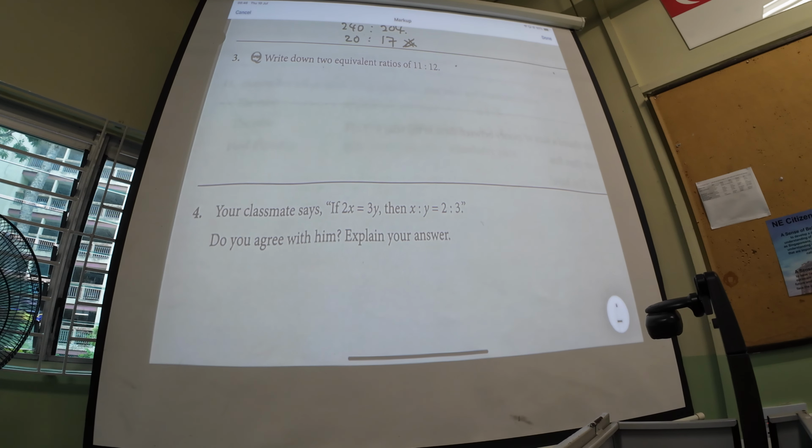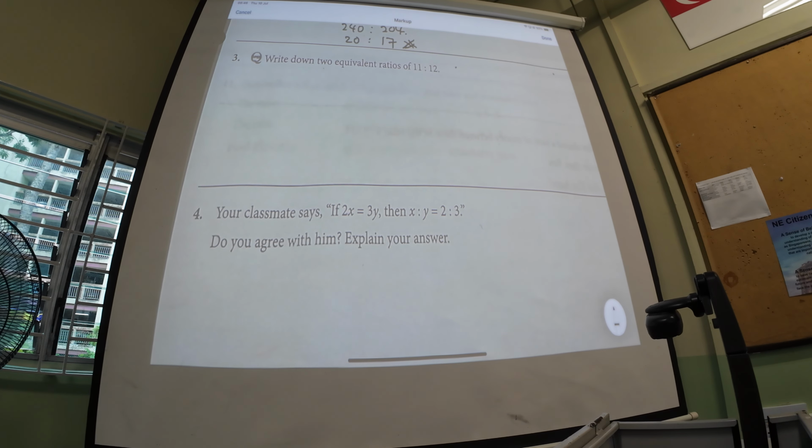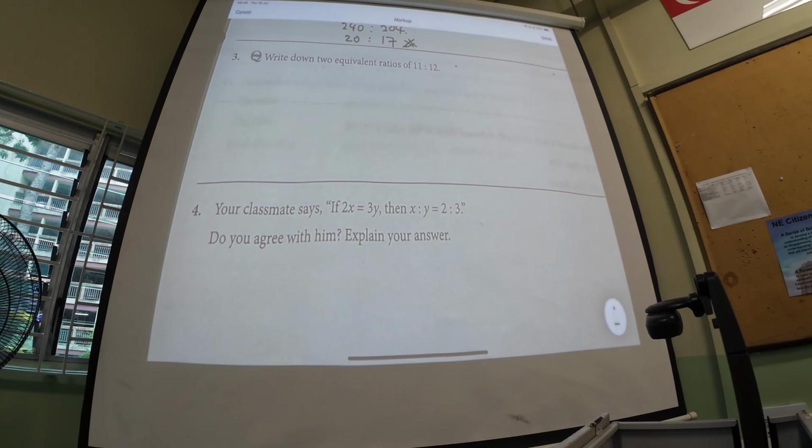Okay, for question 3, write down two equivalent ratios of 11 is to 12.